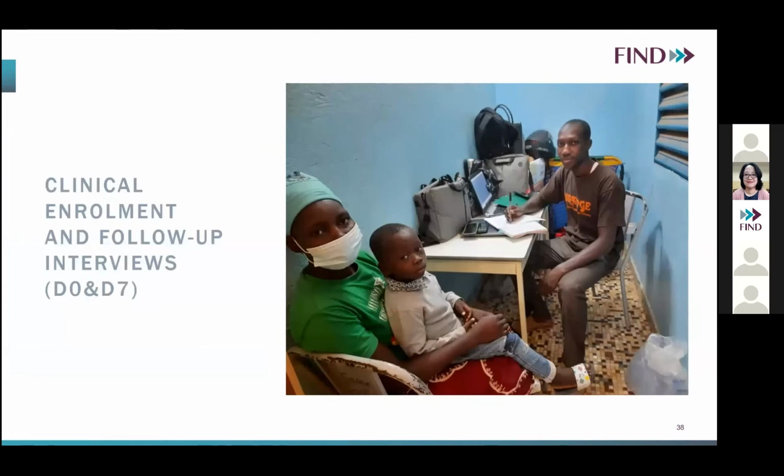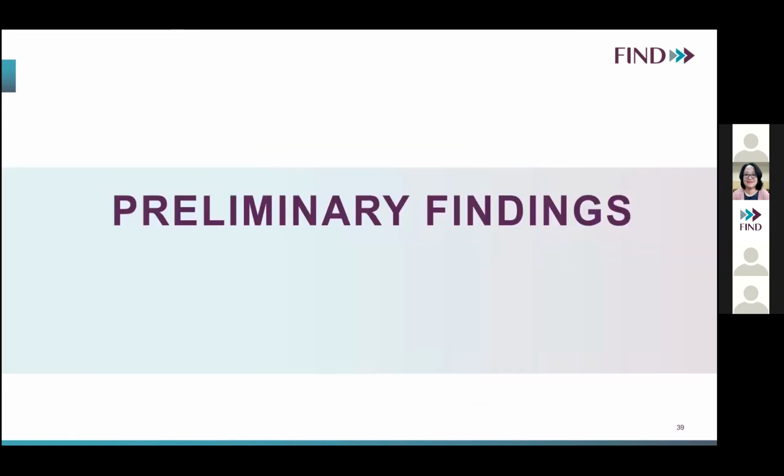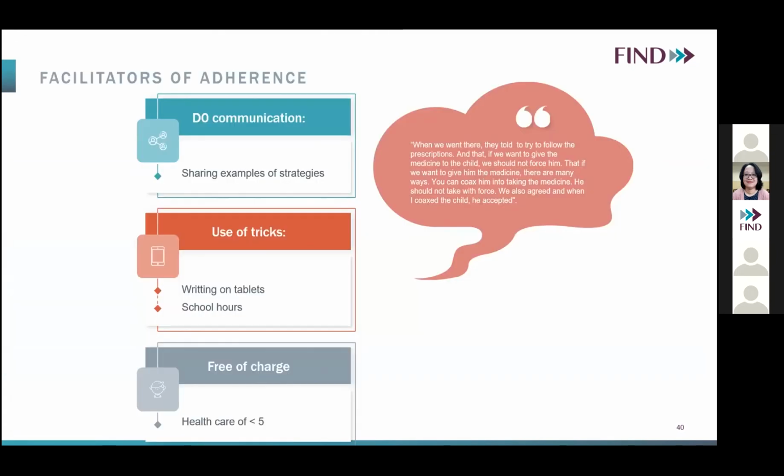So, the training and communication package, designed on the findings of the pre-implementation period, has been implemented during the enrollment and the follow-up study. And we present some factors that can facilitate adherence.